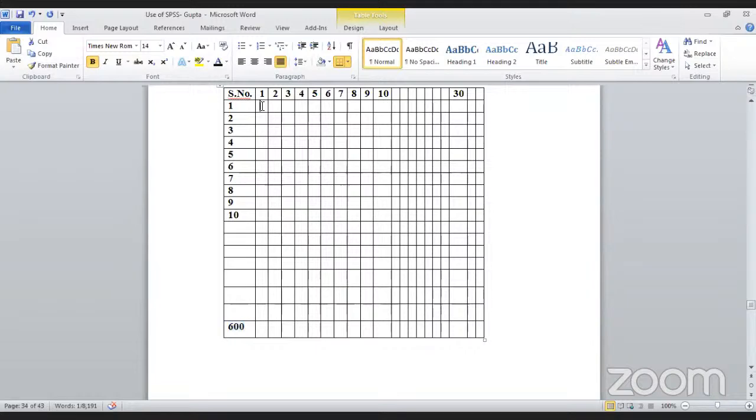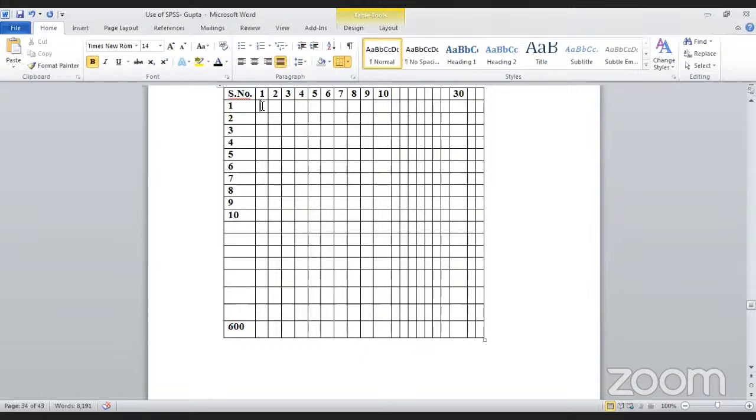Now, if it is a scale, and you have a 3-point scale, then your maximum score can be 3 on an item and minimum can be 1. If it is a test, then where your answer is correct, you get 1 score, and where the answer is wrong, you will get 0.